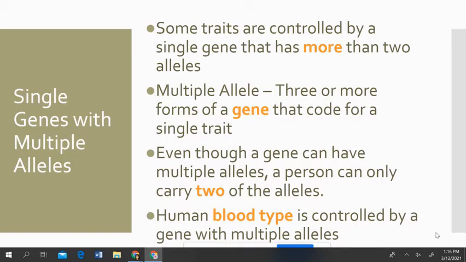Even though these genes can have multiple alleles, as a person, you can only carry 2 of those alleles. So it just depends on the combination that you have, but there's more variations because you have multiple alleles to combine. Again, human blood type. We will get into human blood type and how it's set up a little bit more next week as well.